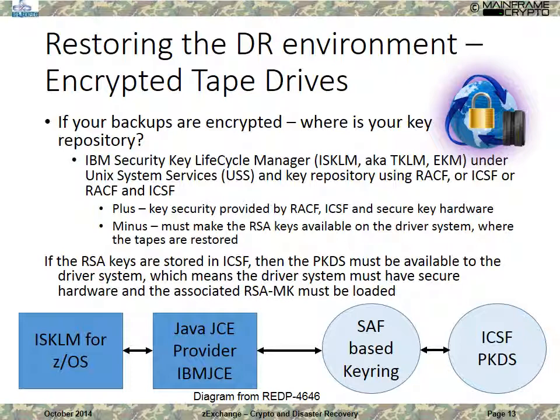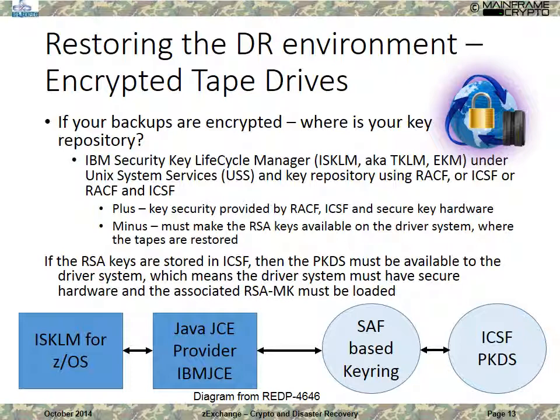If you're using RACF, your public-private key pair is actually stored in the RACF database. So when you dump the res volumes and the catalog volumes and the RACF database and carry that to your DR site, you can restore those. Your driver system is going to have access to the RACF database so you can recover the key material and use that to decrypt the rest of the data on the tape.